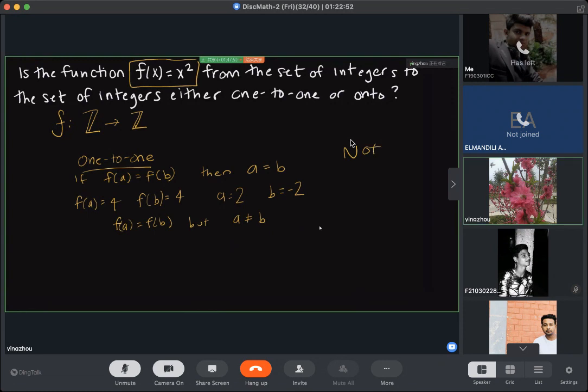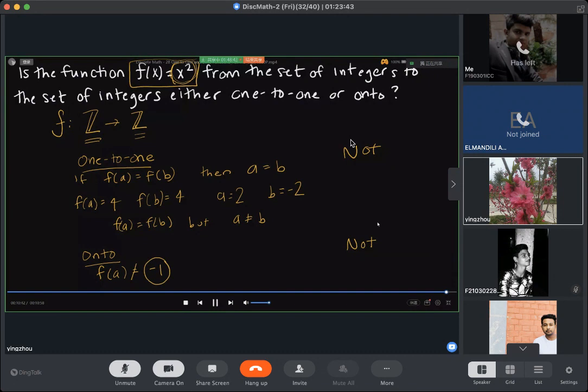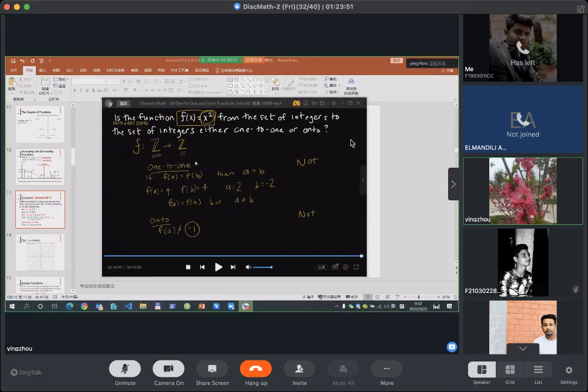So no, you have to find one counterexample. So it is just from the definition.